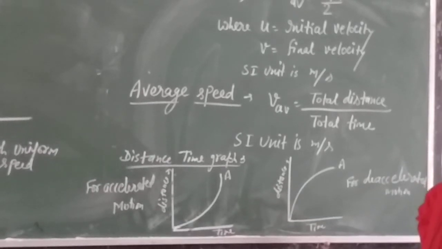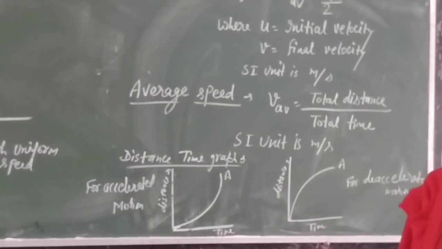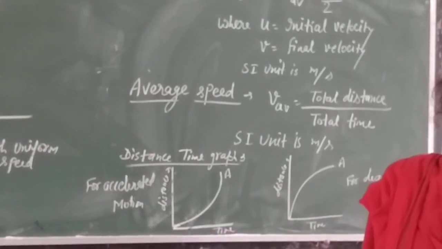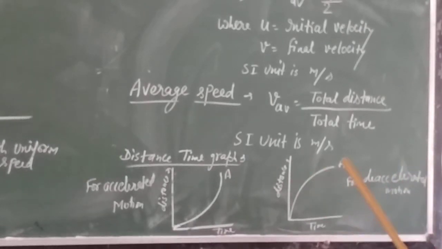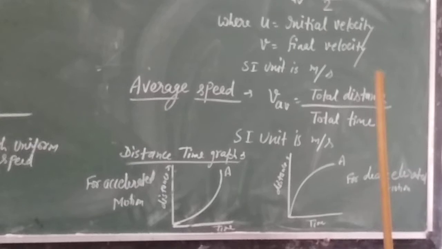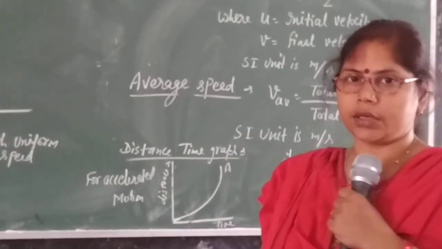For example, when we apply brakes on a cycle, bike or any other vehicle, our speed reduces from the earlier speed. This graph shows decelerated motion. When we accelerate using the accelerator, the velocity increases with respect to time.